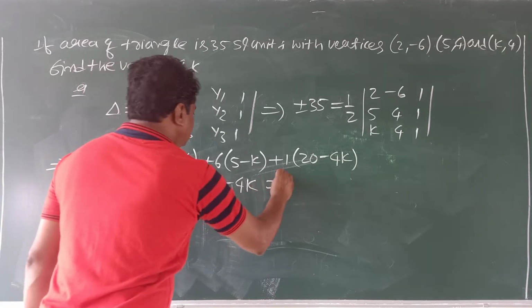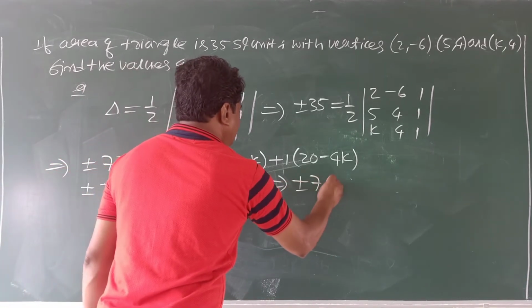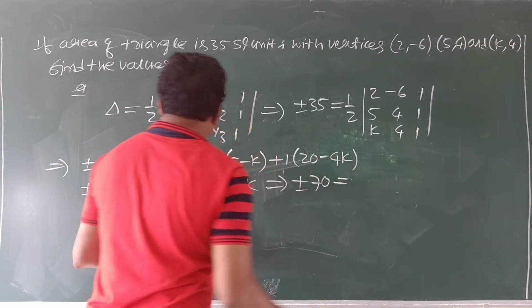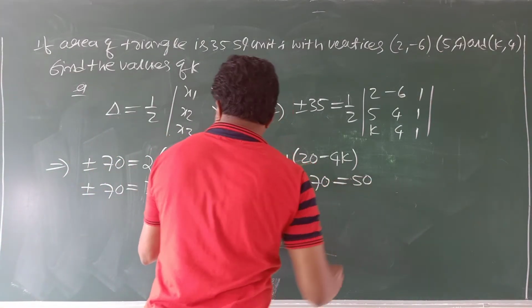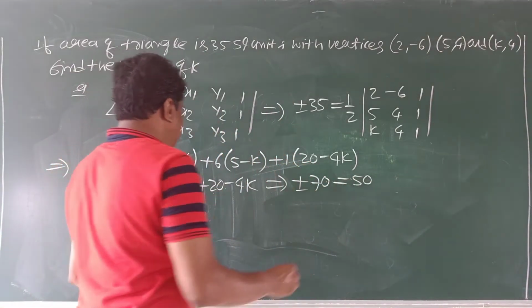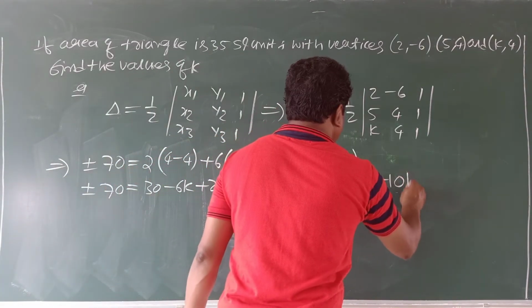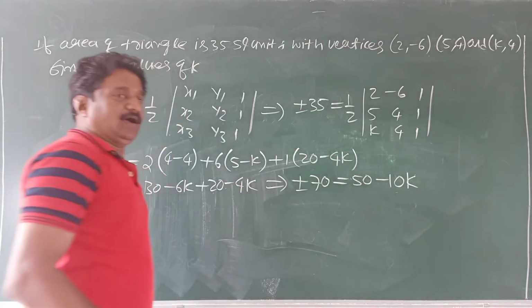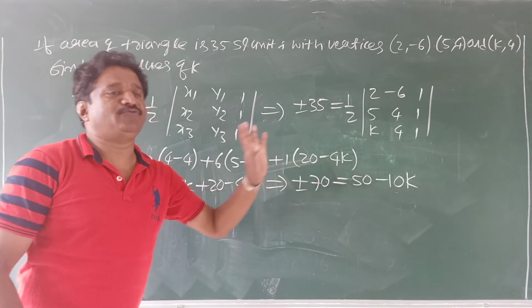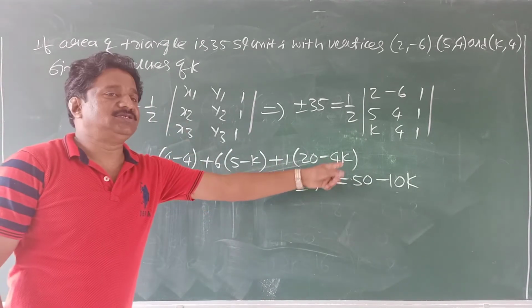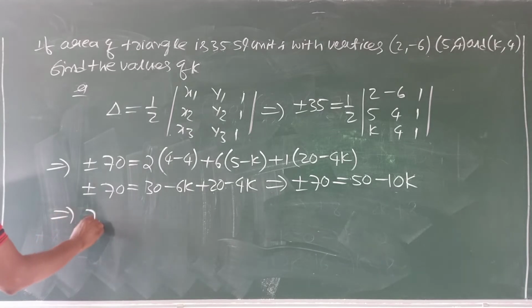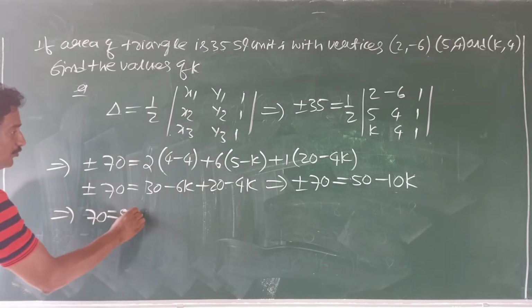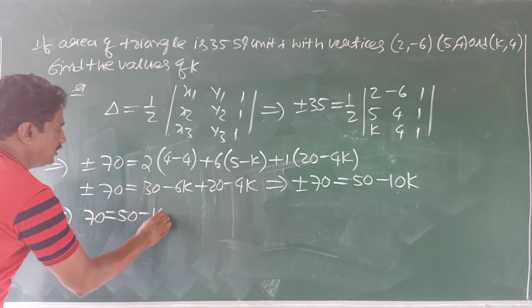That implies plus or minus 70 is equal to 30 plus 20, 50, minus 6k minus 4k, minus 10k. Again you take the plus equation, find one of the k, take the minus equation, find the other k. So that implies 70 is equal to 50 minus 10k.